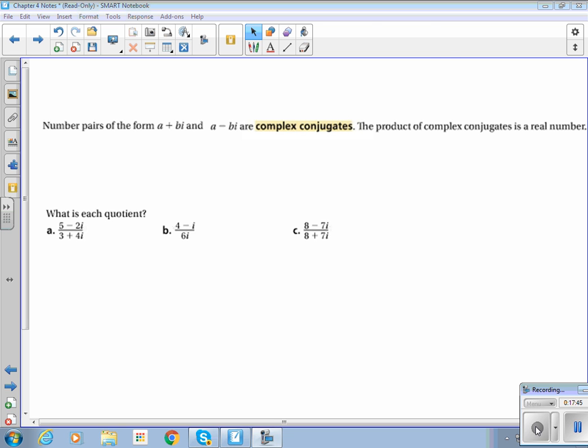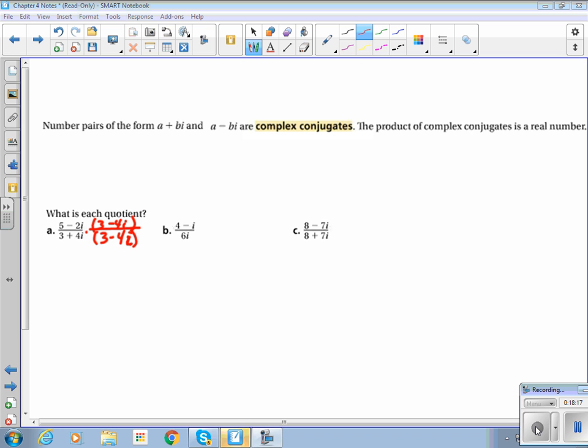For example, I have 5 minus 2i over 3 plus 4i. It's called rationalizing the denominator, so we're going to multiply the top and the bottom by the conjugate. If the bottom is 3 plus 4i, the conjugate is 3 minus 4i. And I know it kind of looks like a 42, but it is a 4i.